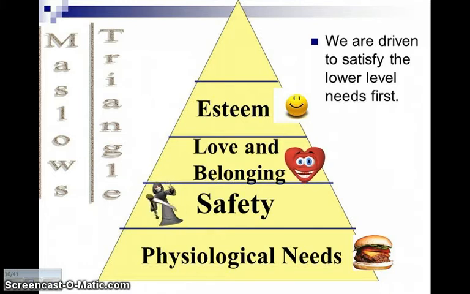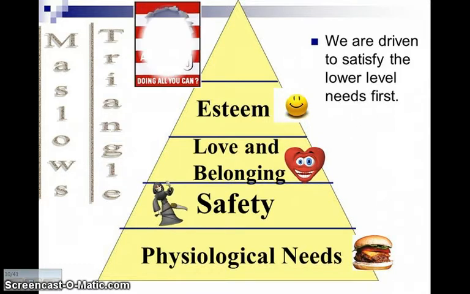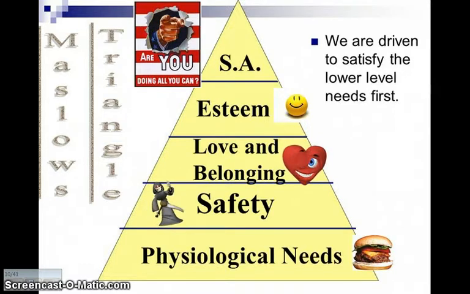We can, for example, in our job, try and do our job better so that we feel more competent, so that we feel prouder about what we're doing, that sort of thing. So, again, the esteem needs are the fourth level. Once those are taken care of, then Maslow says we get to the point of what is called self-actualization.